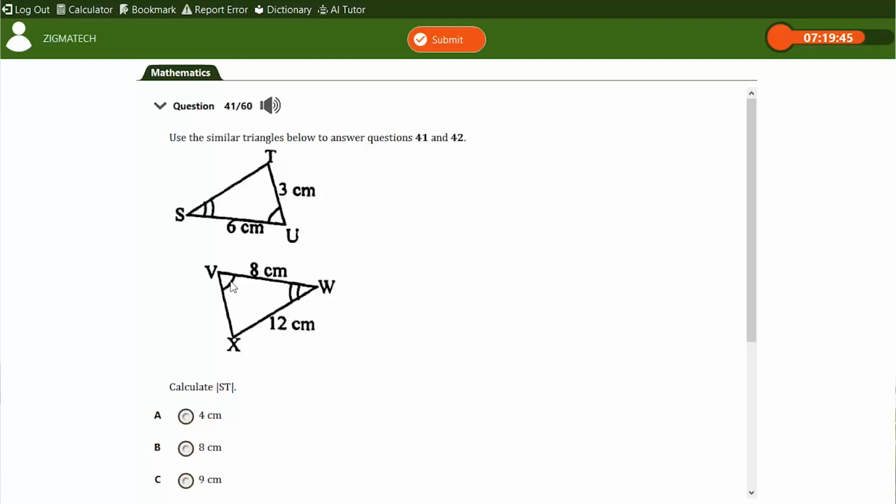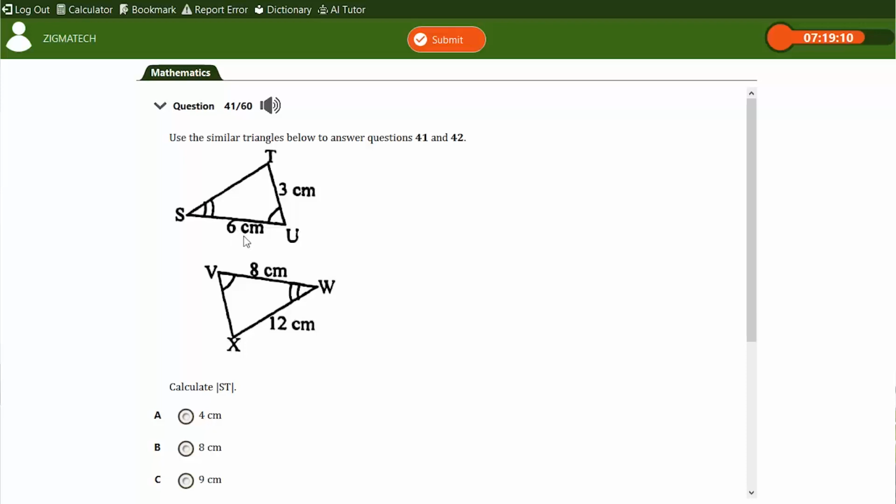So what it means is that if you have a side, listen to me carefully. If you have a side of this angle, this first one, angle TSU, if you have a side labeled around this double arc and single arc, let's say this 6. Remember, the position of this 6 is adjacent to angle S and angle U, such that this side makes contact with these two angles.